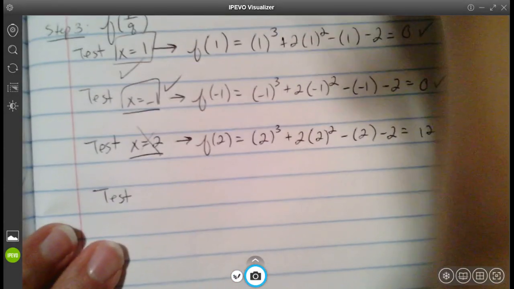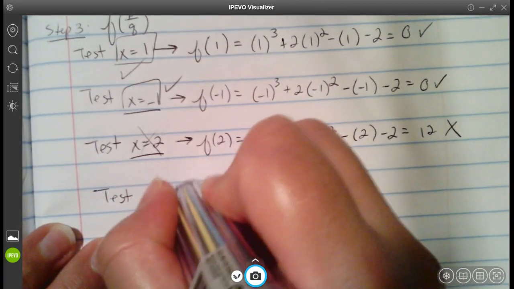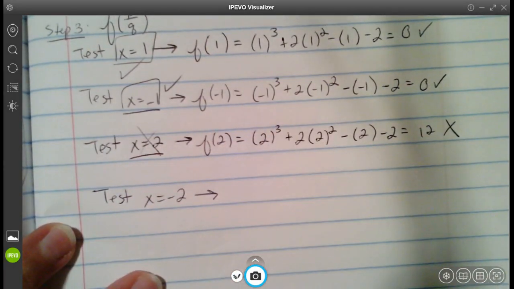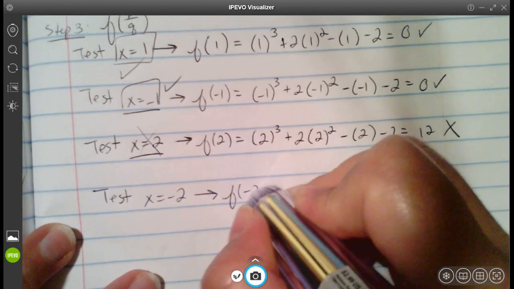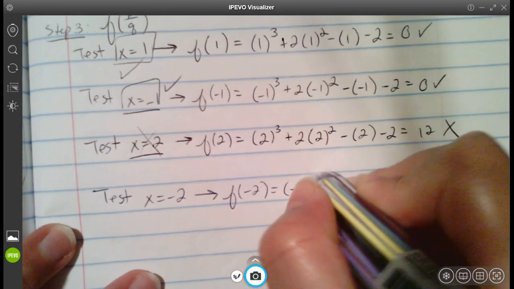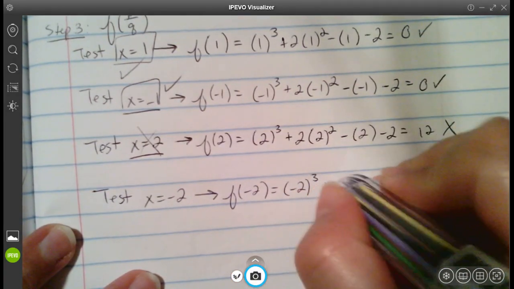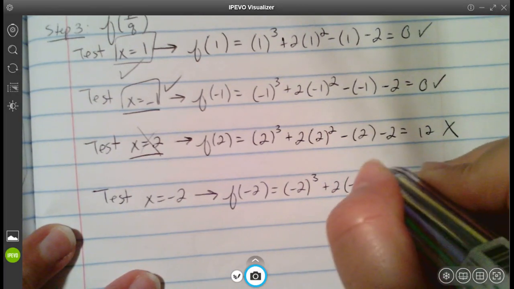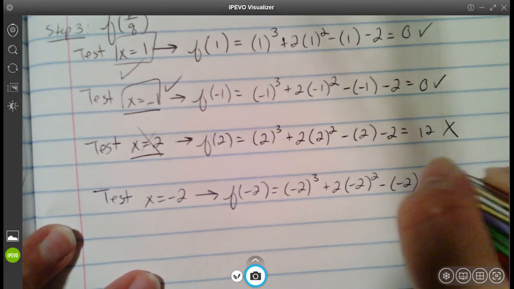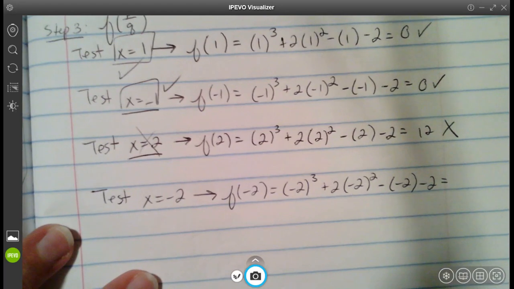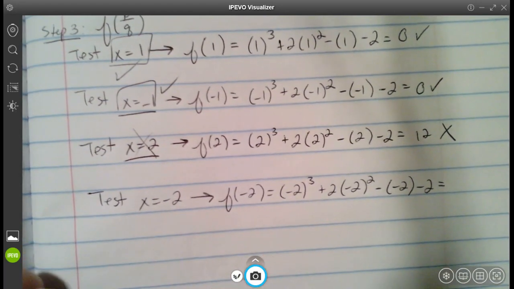which is x equals -2. And we do the same thing. f of -2 is equal to -2 cubed plus 2 times -2 squared minus -2 minus 2. You want to make sure you plug everything in right so you don't make any mistakes.